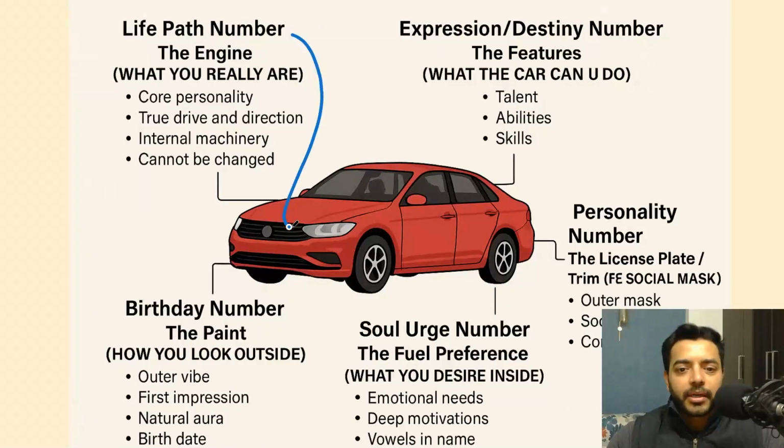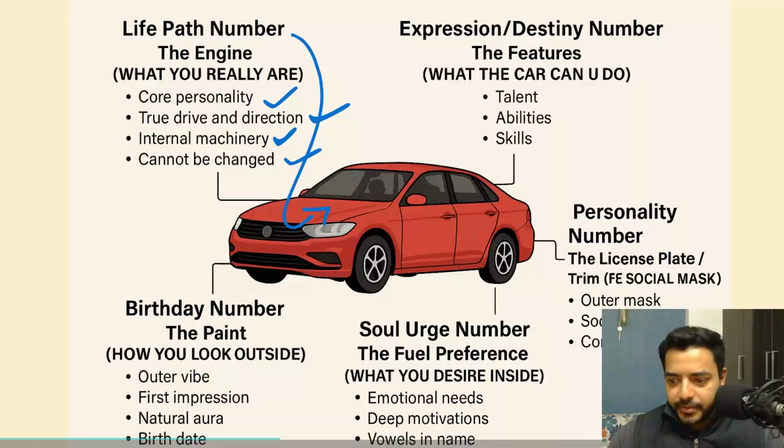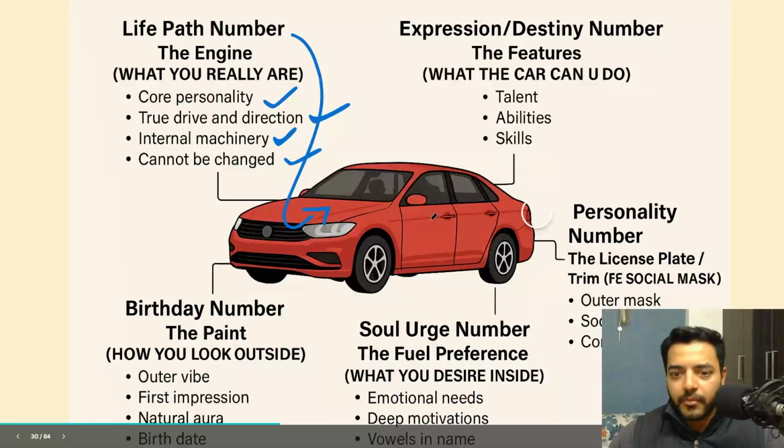If the life path number is the engine of this car, the life path number is the core personality. It's the true drive and direction, the internal machinery, and it cannot be changed, right? The birthday number is simply the paint on this car.